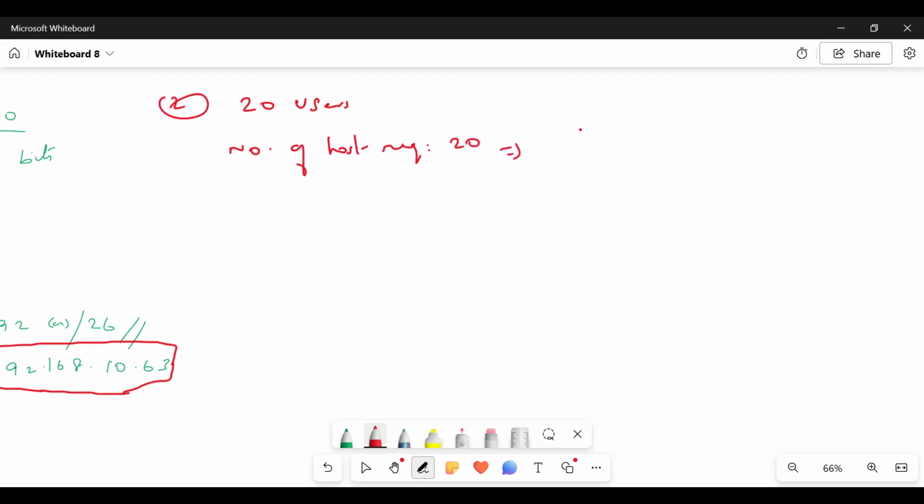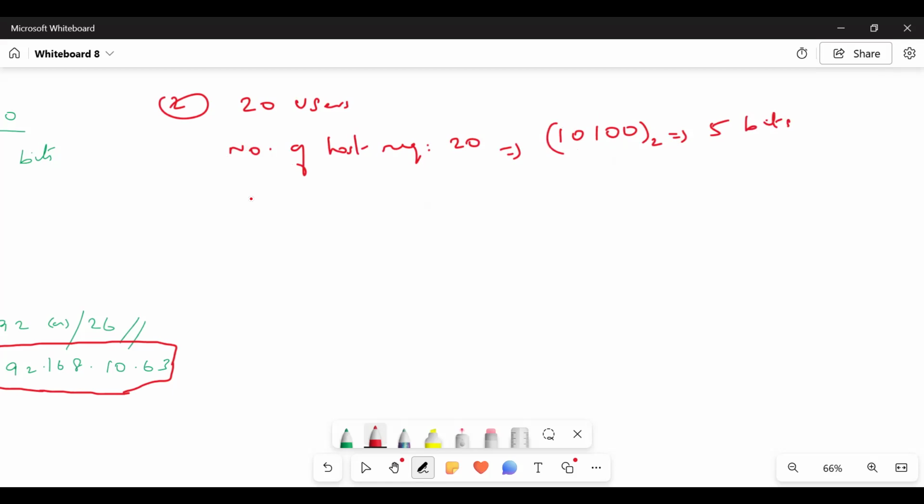The binary equivalent for 20 is 10100. How many bits? 1, 2, 3, 4, 5. So 5 bits.